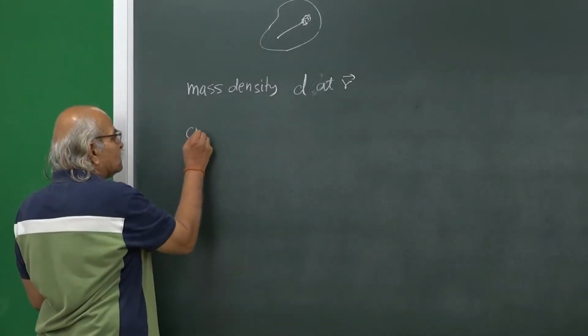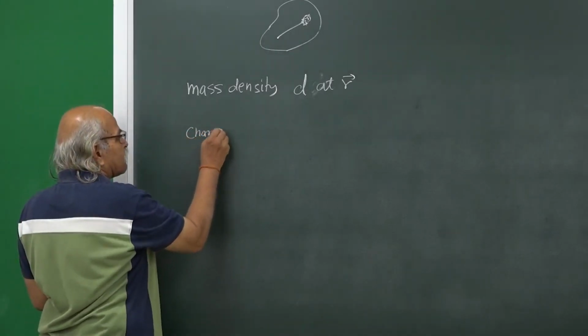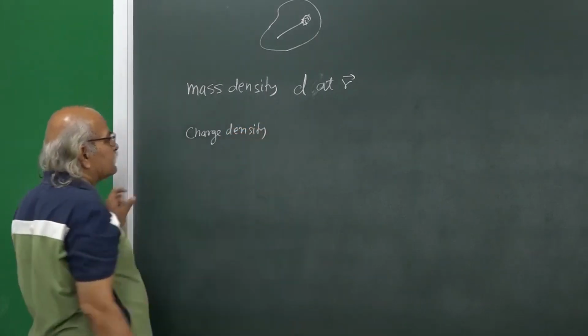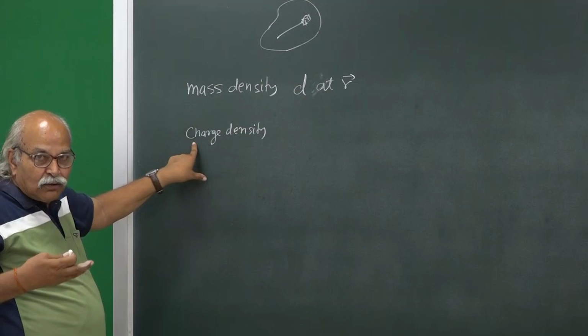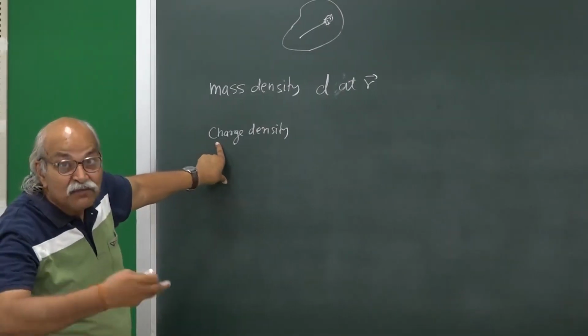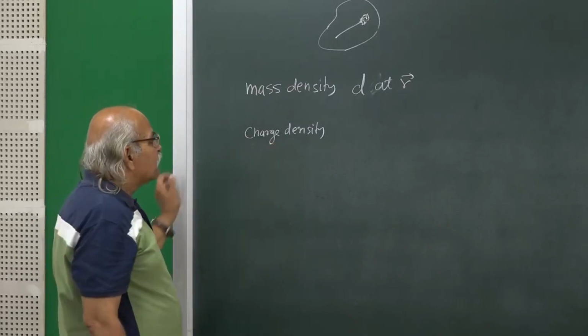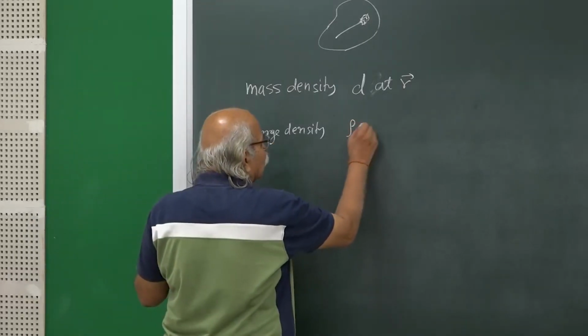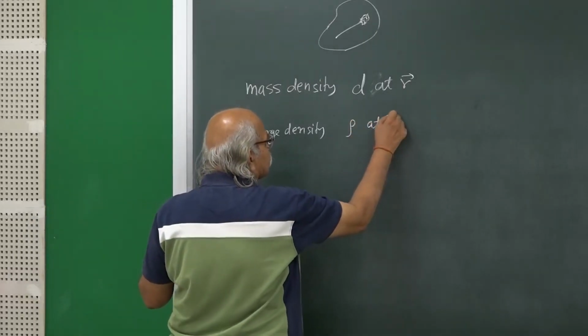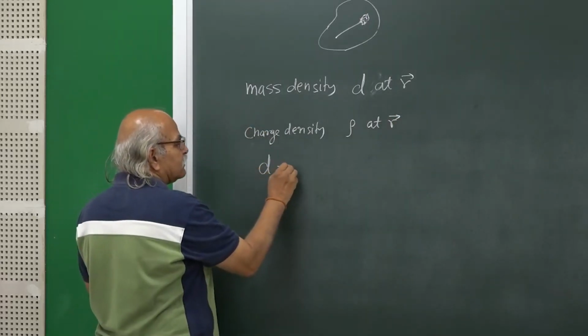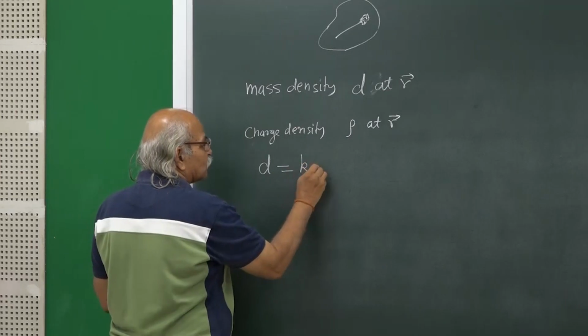And then you also have charge density. And this is the charge corresponding to the ones which can move on applying electric field and can create current. So, that charge density is, let us say, rho at r, and let us say that d is equal to some constant times rho.